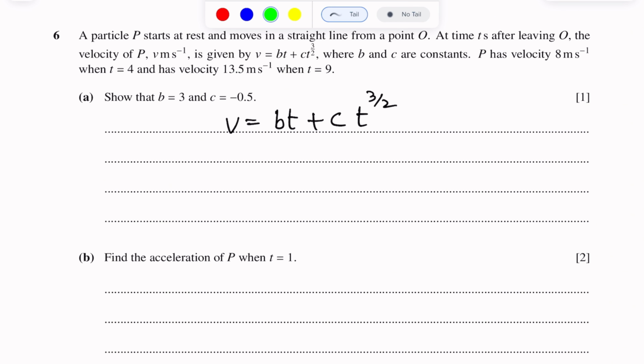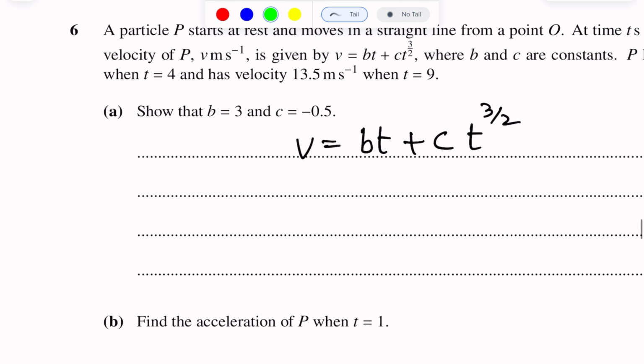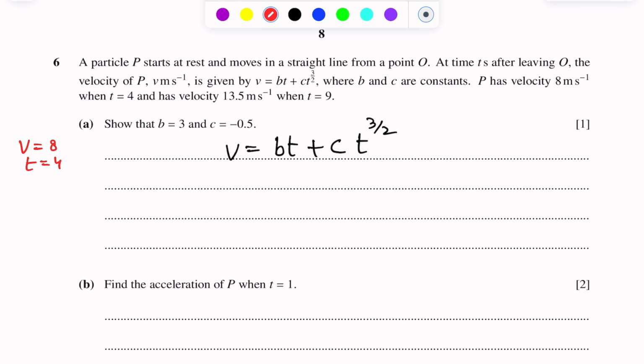Now velocity is 8. This is the condition: v is equal to 8 meters per second when t is equal to 4 seconds.